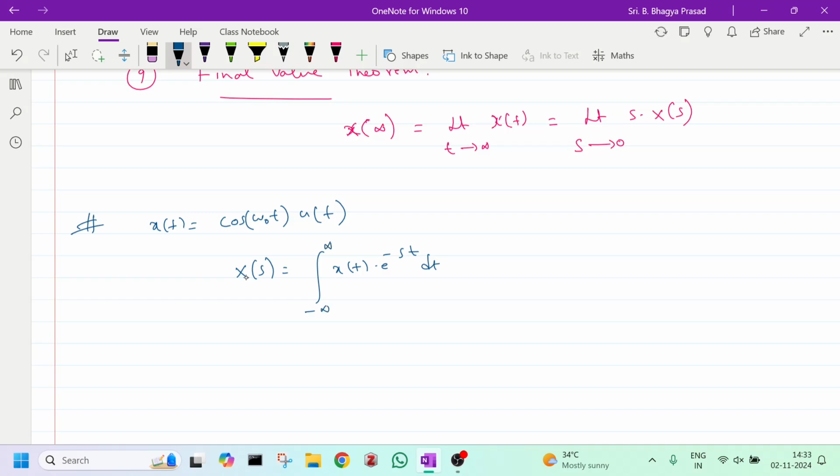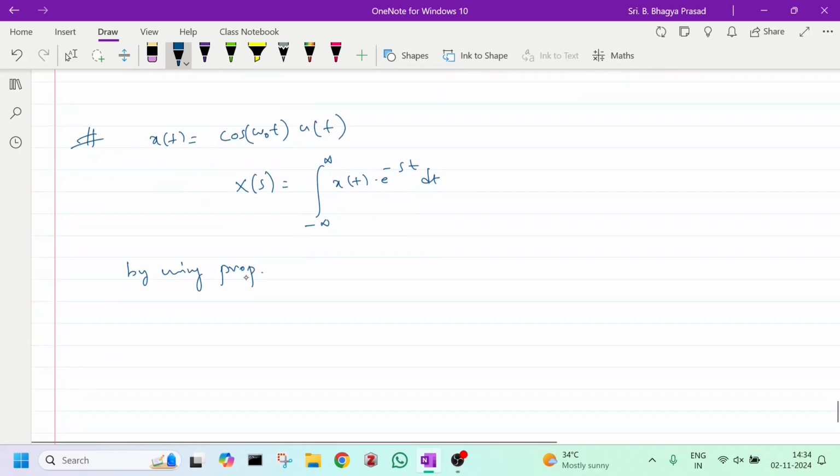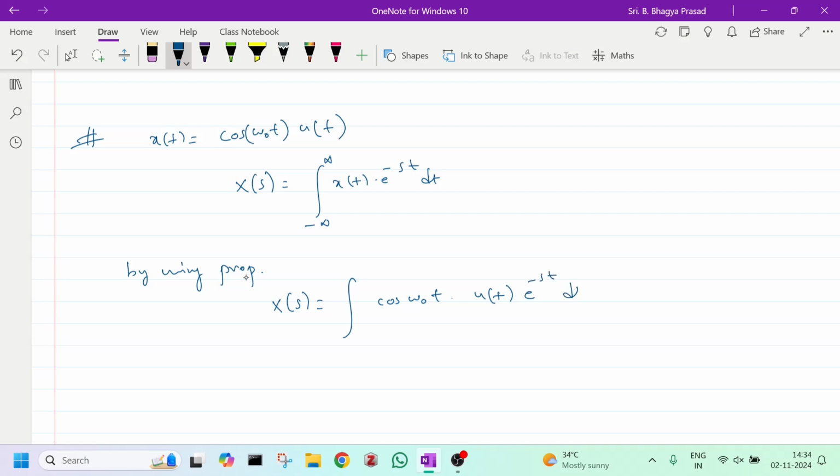Or else you can use properties. Let us first solve by using the expression.